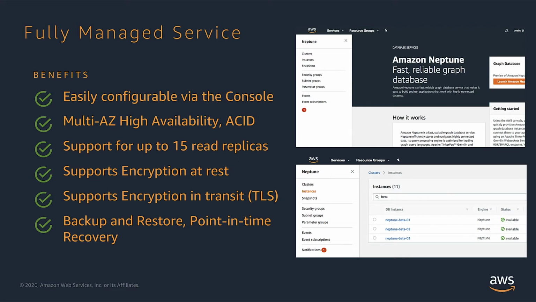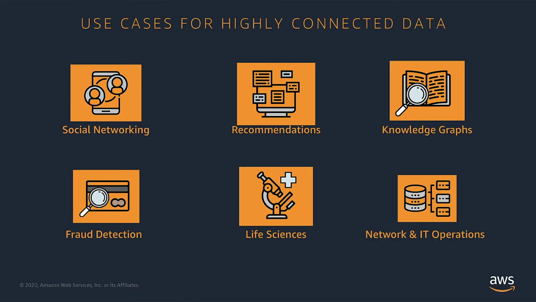Now, before we go any further, let's look at typical use cases where Neptune can be used. Neptune powers graph use cases such as recommendation engines, fraud detection, knowledge graphs, drug discovery, and network security.